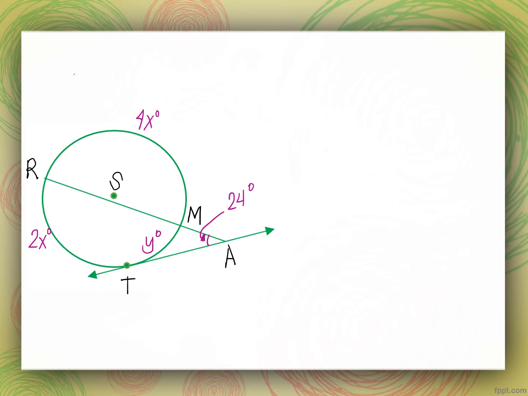Okay, let's have this one. So let's solve for x and y. So as you can see, we have here secant RA and tangent TA. Okay, so we can use the formula that we have just learned. So let's apply that one.